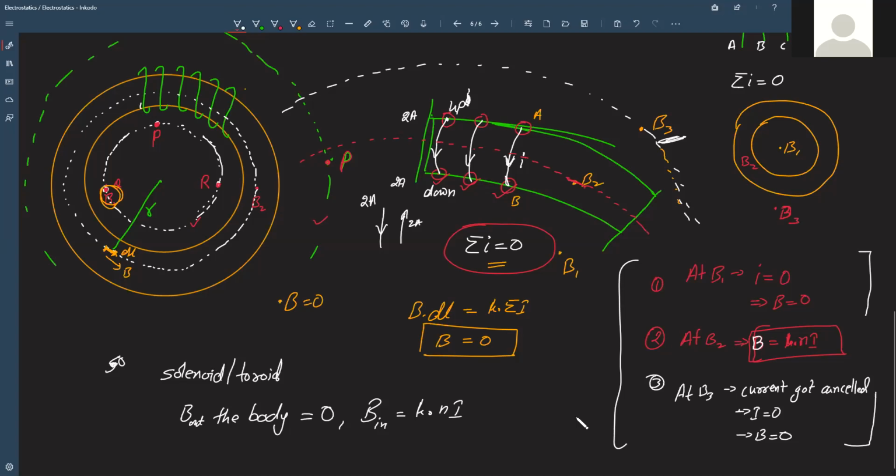The number of turns per unit length may change. So you have to take care that it is independent of length, thickness, and the cross-section area. But still a question can have tricky situations in which you will have to make sure that the number of turns per unit length doesn't change.